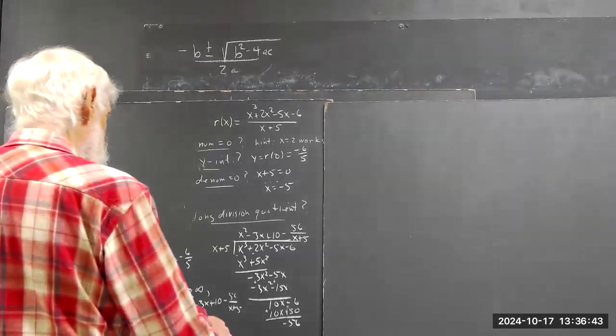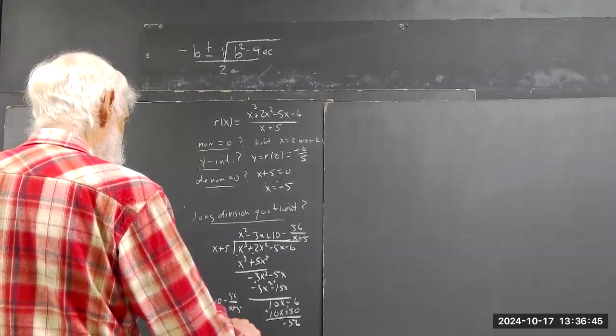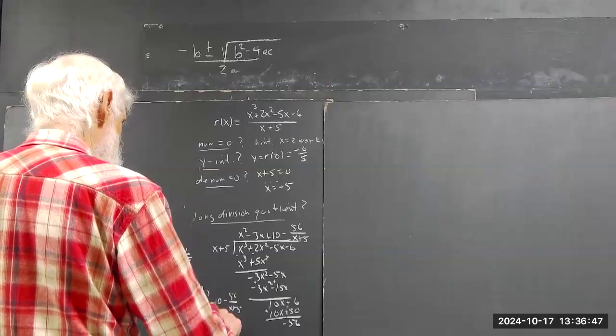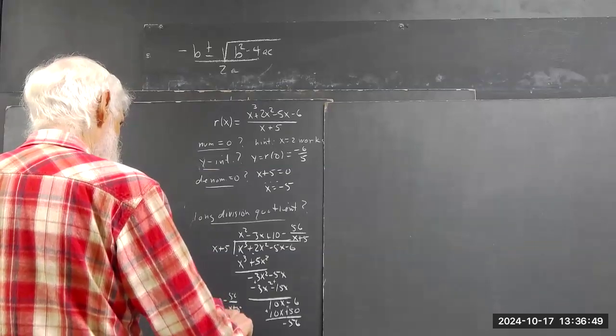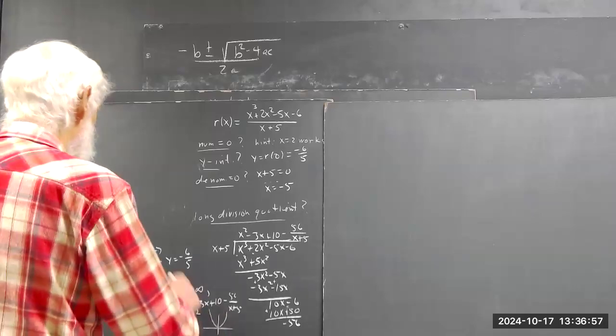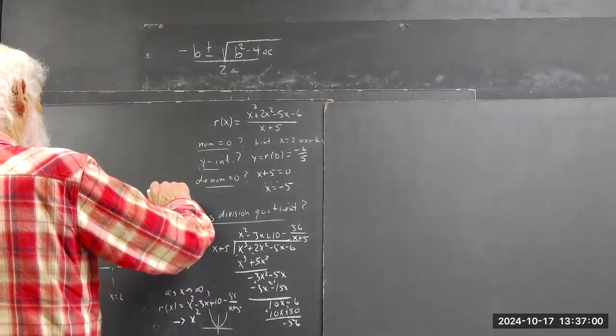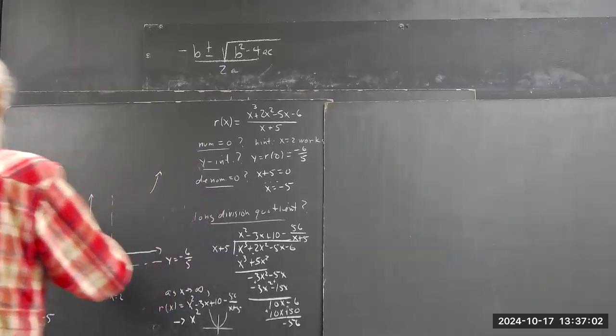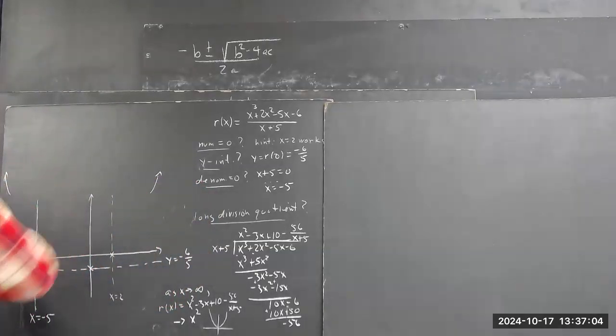So the long run behavior is just the behavior of an x squared function, which means the long run goes up like this here, goes up like this here.